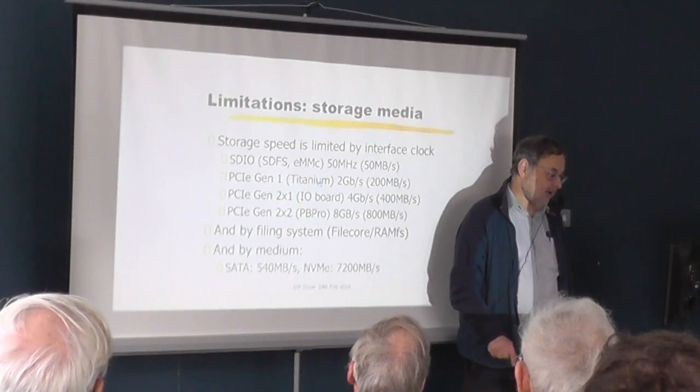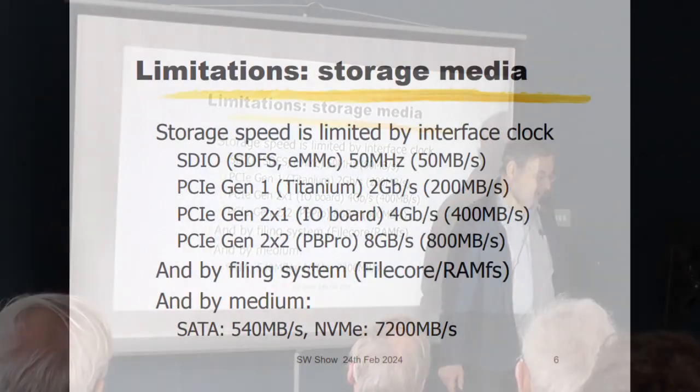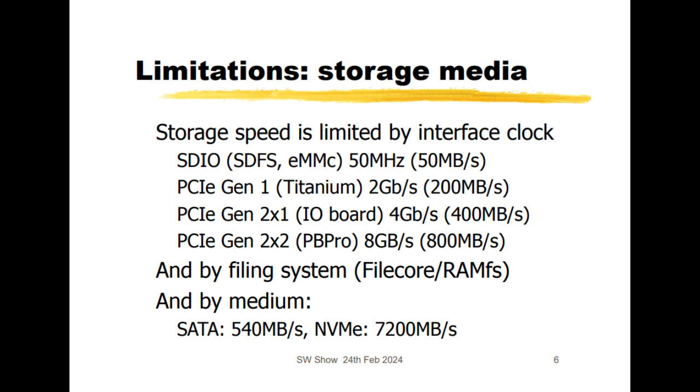Now, storage media have got limitations, and we know that for the SDFS, the eMMC, 50 megabytes a second is about the most it can do. But unfortunately, all of these interfaces that we've got available to RISC OS are quite limited.